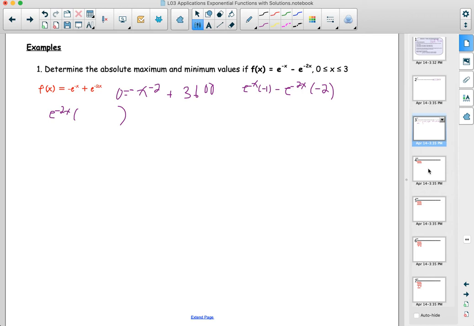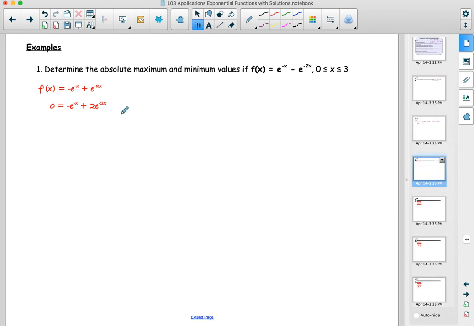We're going to factor out e to the -2x. I did note first that we should find where this is 0. So where is 0 equal to that? And then what I'm going to do is factor out e to the -2x. So e to the -2x, also factoring out the negative so that I would make this a positive exponential function.